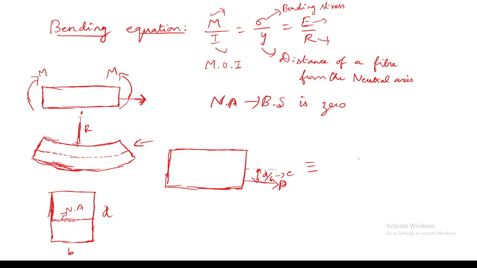Pd by 6 as the moment and P as the axial load, right? So I can replace this by Pd by 6 as the moment and P as the axial load.